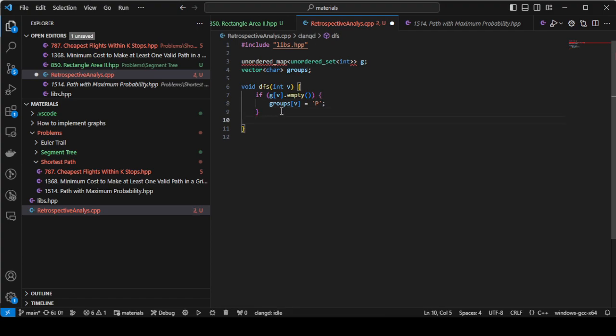We will lose in this vertex, in leaves. And then we just make our DFS.